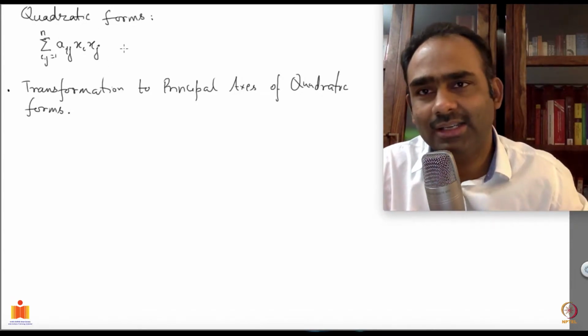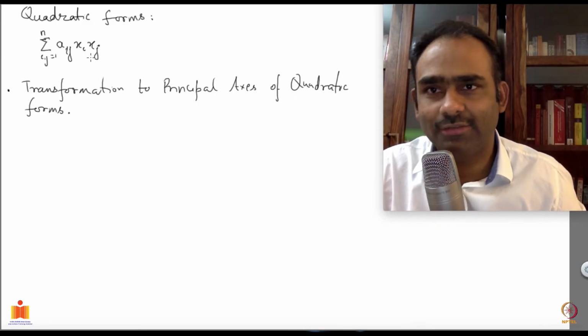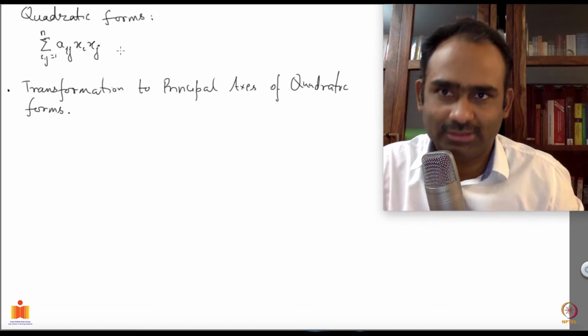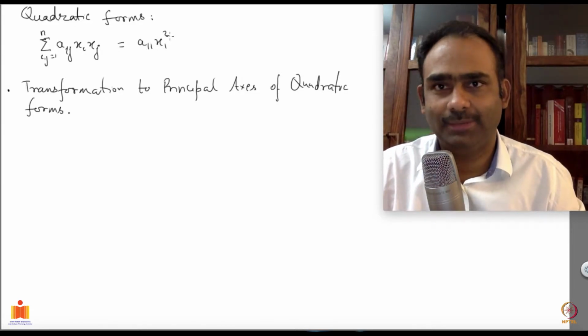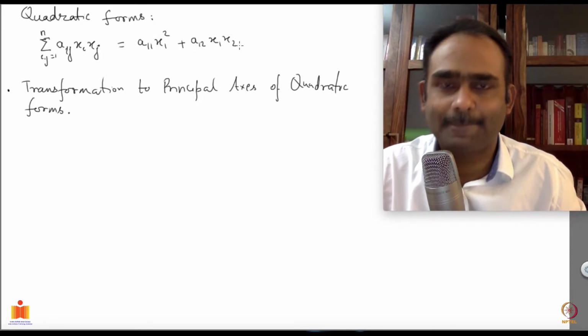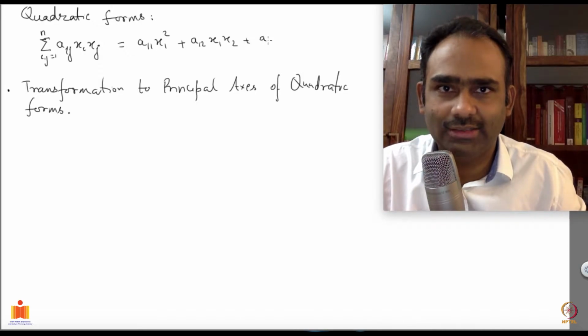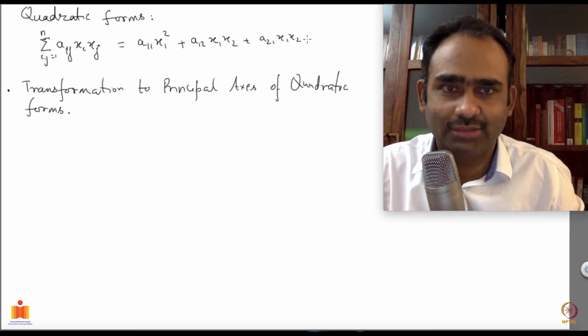Here what you have is a quantity which involves cross terms also. Let me write it down more explicitly. Let's say I look at a11 x1 squared. That's fine. Let's look at the term a12 x1 x2. Then you have a term a21 x2 x1, which is again x1 x2, and so forth.